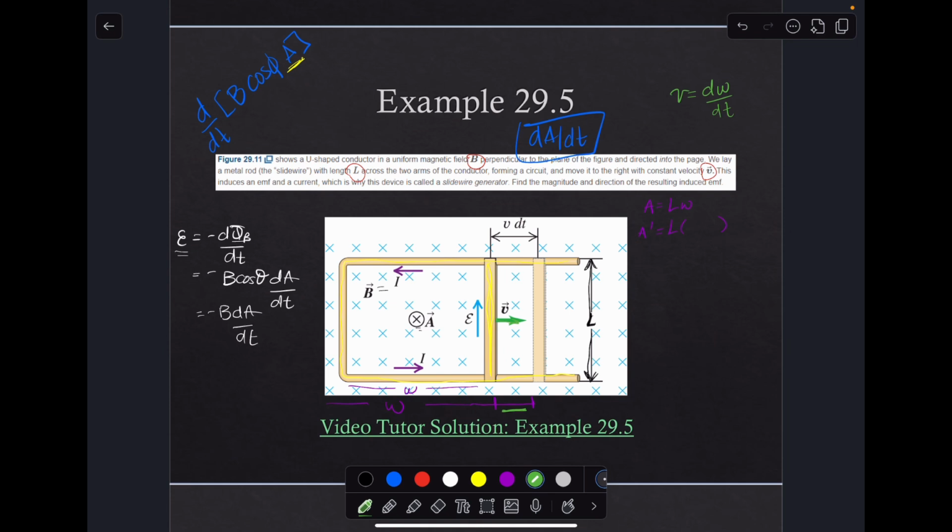If we want to find that change in width, we move time upstairs, solving for width, and we can see that the change in the width is the velocity times the time it took to move to that new position. That's what you see here in this picture: the little piece of width that has increased since moving the bar to the right. So the new width is going to be W plus V dt.